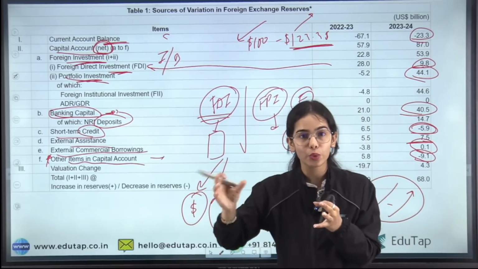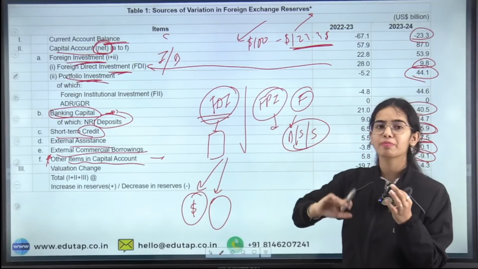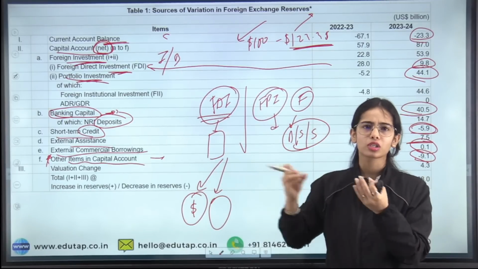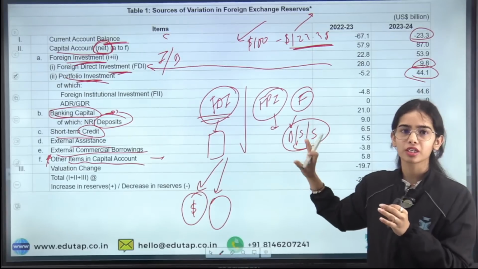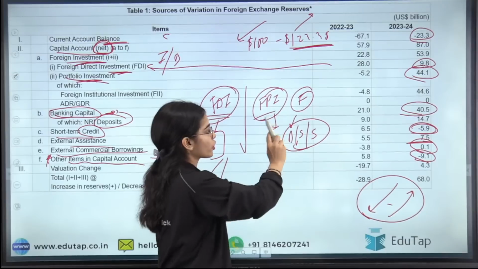That is FDI. FPI is when they are buying bonds and shares just for trading purposes, just for the short term. That is FPI, foreign portfolio investment.